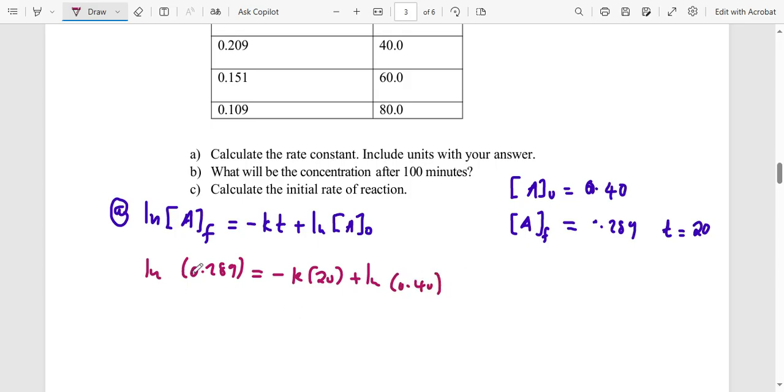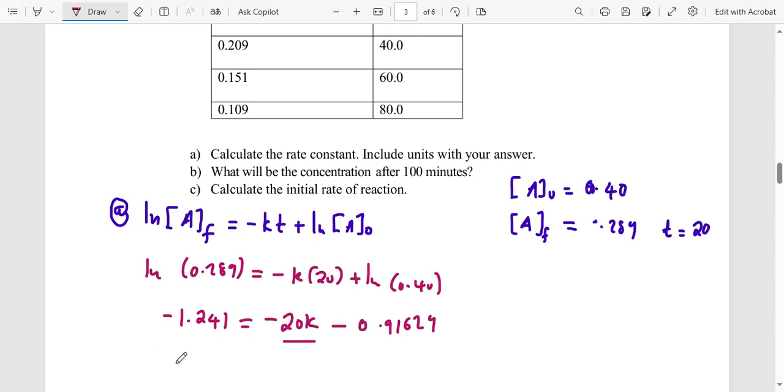So if you punch natural log of 0.289, that gives you negative 1.241, and that will be equal to negative 20k plus natural log of 0.4, which is negative 0.91629.